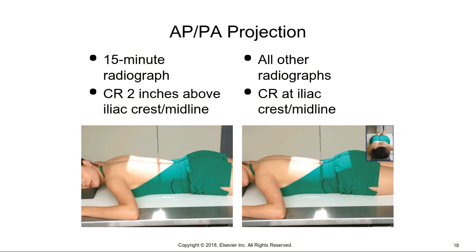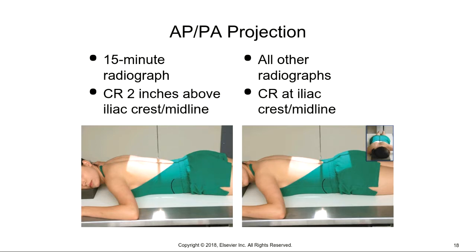If their body habitus was wider where they might not fit, you could start with one 14 by 17 landscape and see what you've got, and eventually you might have to take 2 images landscape to get the entire abdomen. The reason you're 2 inches above iliac crest and midline is so that you can capture the stomach in that first image, so that you can see any reflux or anything that's going on with the patient.